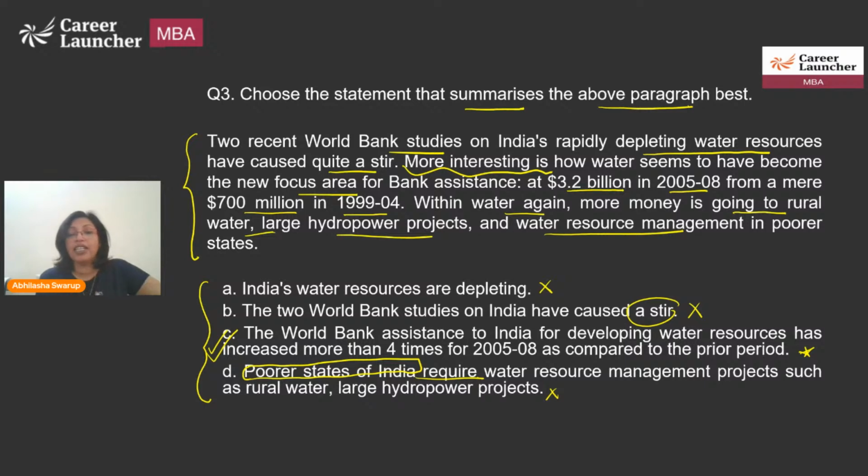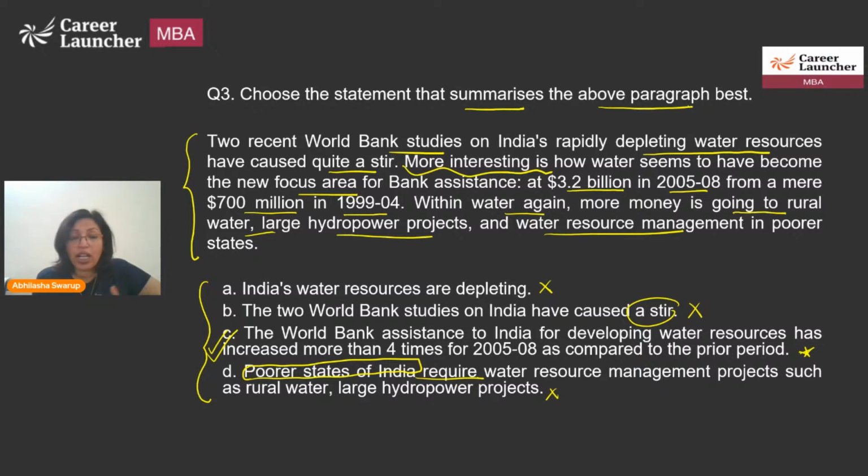But let's understand that this is not really the best summary for this passage, but of the options that we have, it is the best one. It's not a complete summary, because the complete summary should have said that there have been studies that are done, and from those studies we found that water has become a very important area of focus for the World Bank, and they're more concerned with rural areas and poorer states.